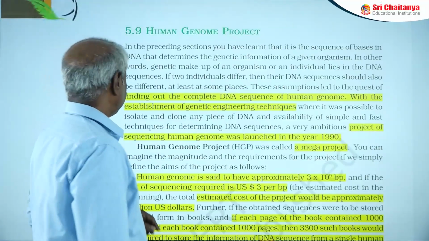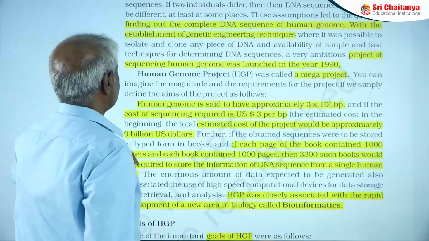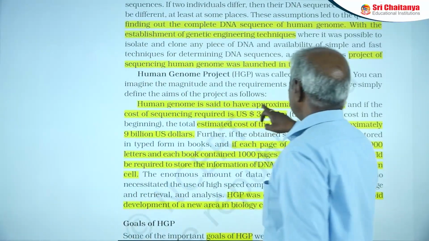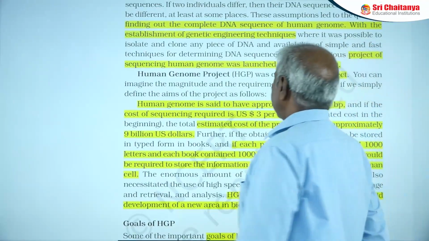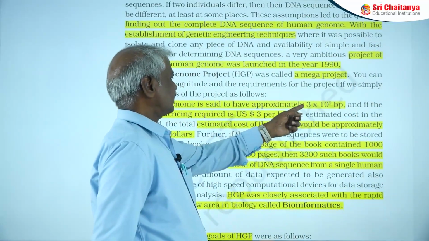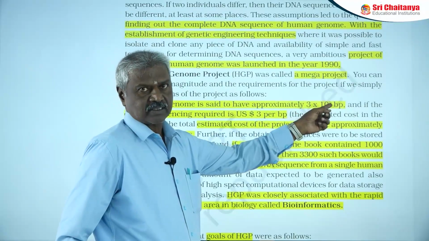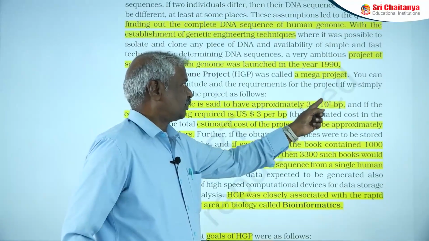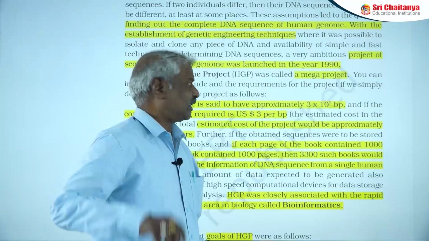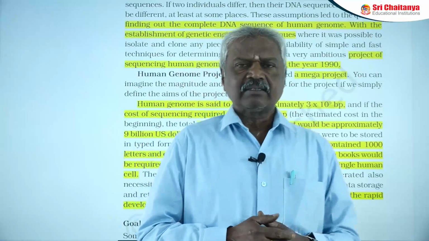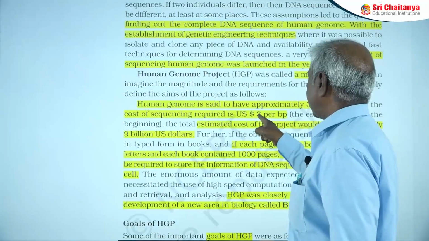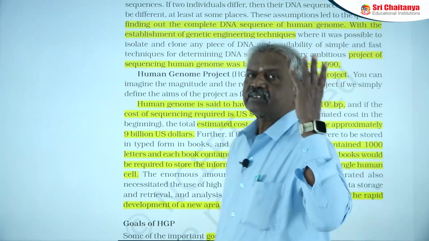Then, when I look at the human genome, the data is given, you see that. The human genome is said to have 3 x 10^9 base pairs. That total is an estimate. If you want to sequence it, the cost of one base pair is $3.